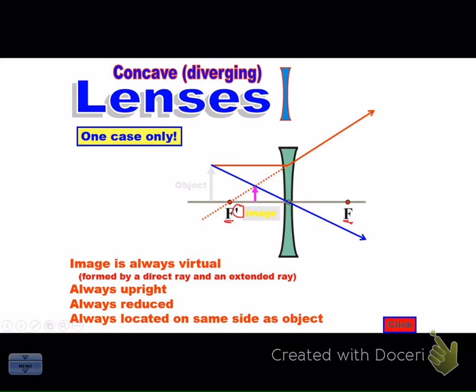You couldn't project this image. You can't put a piece of paper there and have this image actually show up. So it's just tricks of the eyes when you see it. So it is always upright, it's always smaller, and then on the same side. We could draw a third one here where we go through the focal length, but for these lenses, two rays is usually quite sufficient.